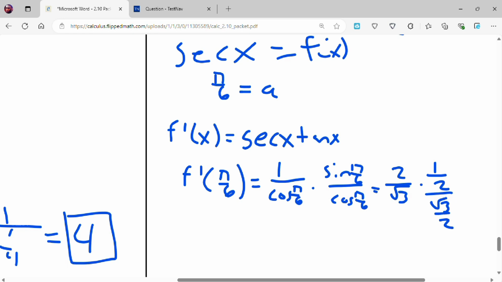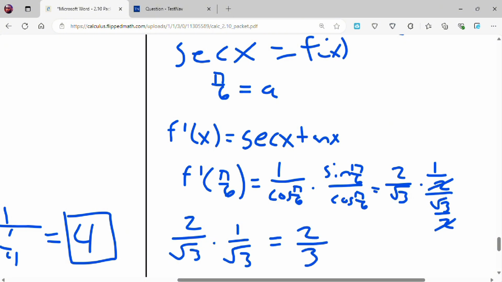So 2 over square root of 3 times 1/2 divided by square root of 3 over 2. And this cancels out, so 1 over square root of 3. So you get 2 over 3.